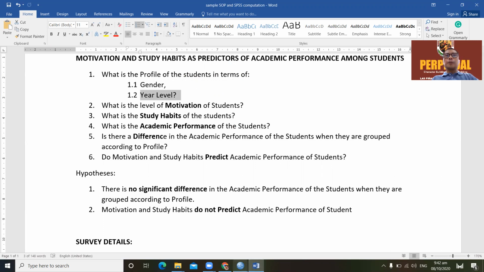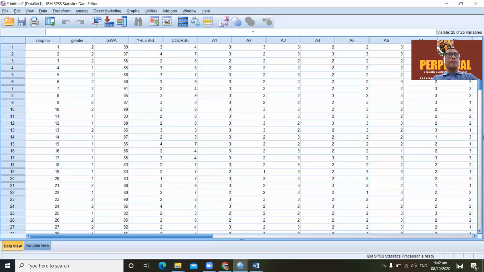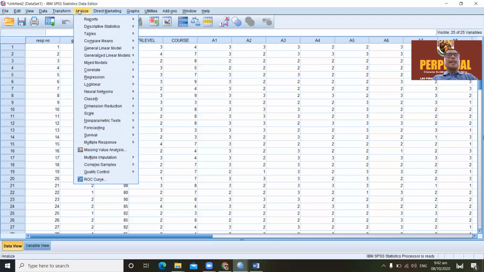So let's try to go back to our data, click Analyze, and then you are trying to compare the means. The question is difference. Is there a significant difference in their academic performance when they are grouped first according to gender? And since it has 2 variables, you would be using t-test, independent samples t-test.